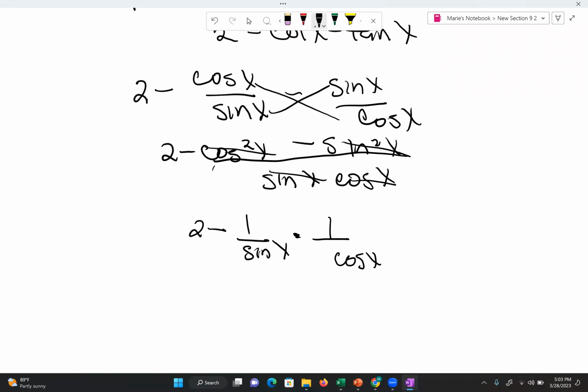This yields you, when you're done, because remember you're splitting this up with this denominator in both locations, so they're both here, right? So this is how you end up with 2 minus secant x cosecant x. All right.